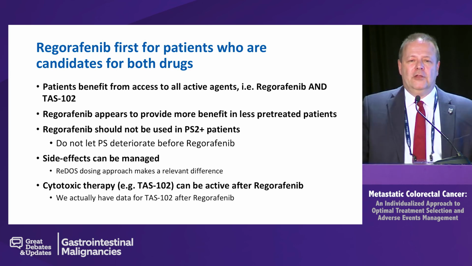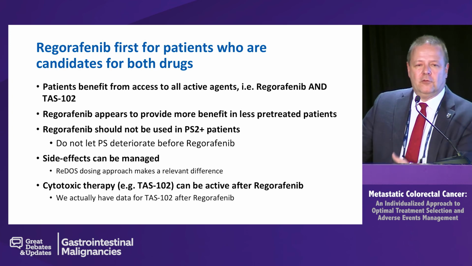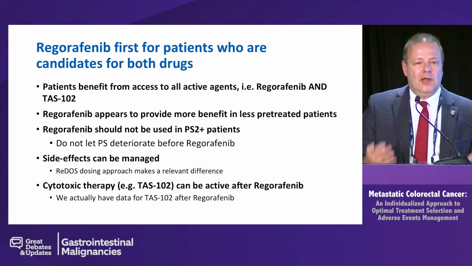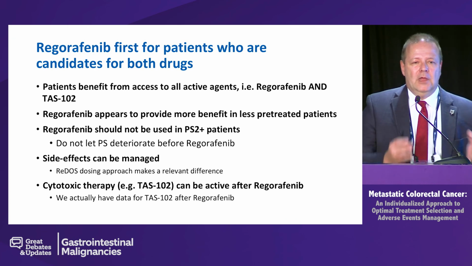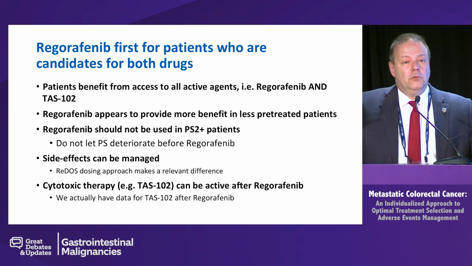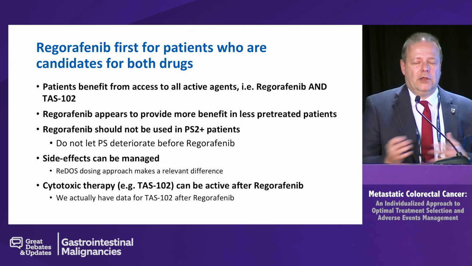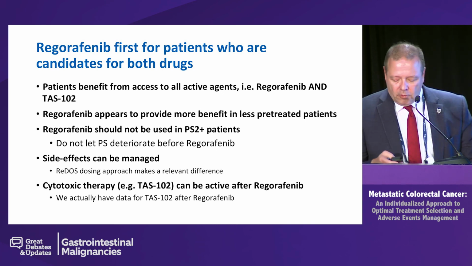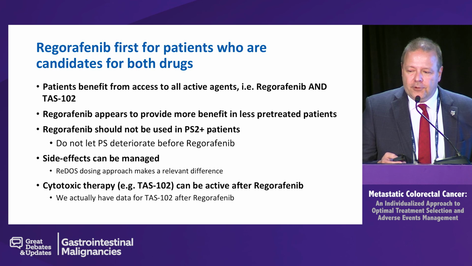The pool of patient candidates for TAS-102 is larger because I would treat patients with PS2 at this point with TAS-102 because of the better side effect profile. I would not treat a patient with PS2 with regorafenib. If you wait too long and you want to make all active agents available to all patients, you might not get regorafenib in, which is an active agent, particularly when you use it according to the REDOS approach, which we'll talk about at some point.